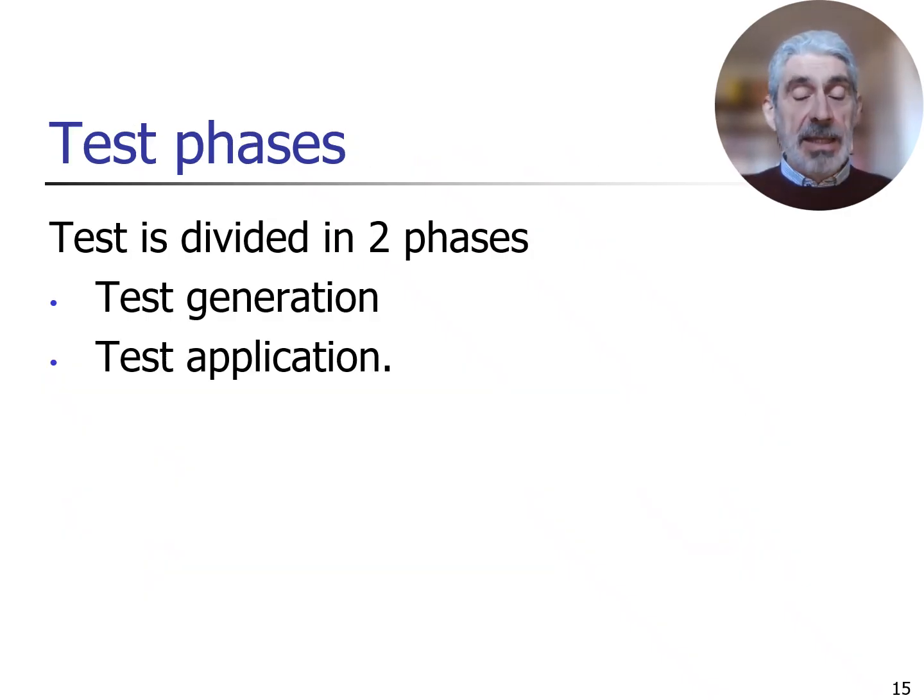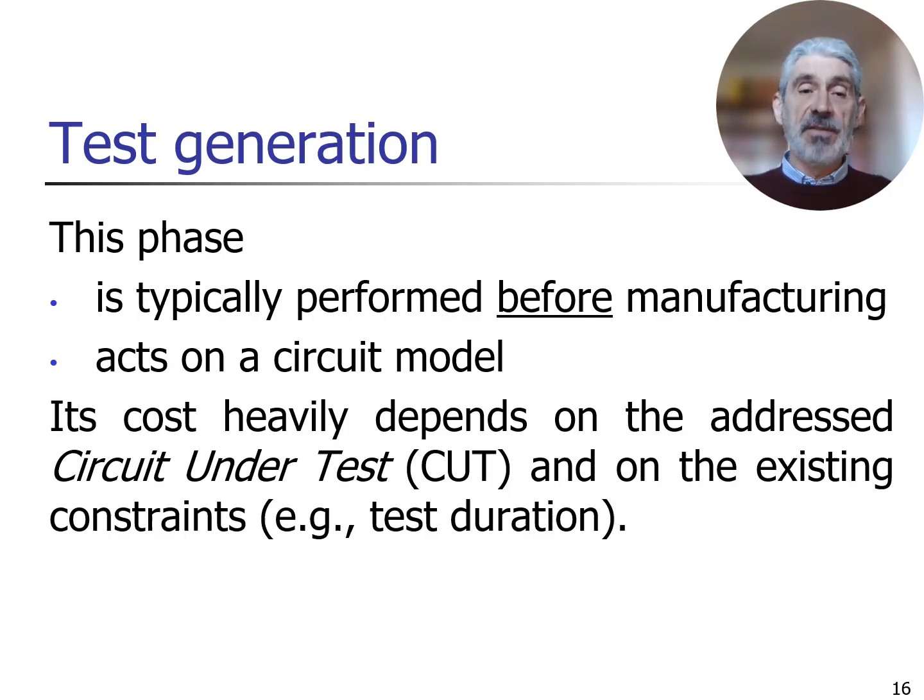Now we can introduce two crucial test phases during the whole test process. There is a preliminary test phase, which is the test generation, which is done before the circuit is manufactured. This phase aims at generating the test stimuli to be applied during the test. Then there is a test application phase in which the real circuit has been already manufactured and it is stimulated with the stimuli generated in the first phase.